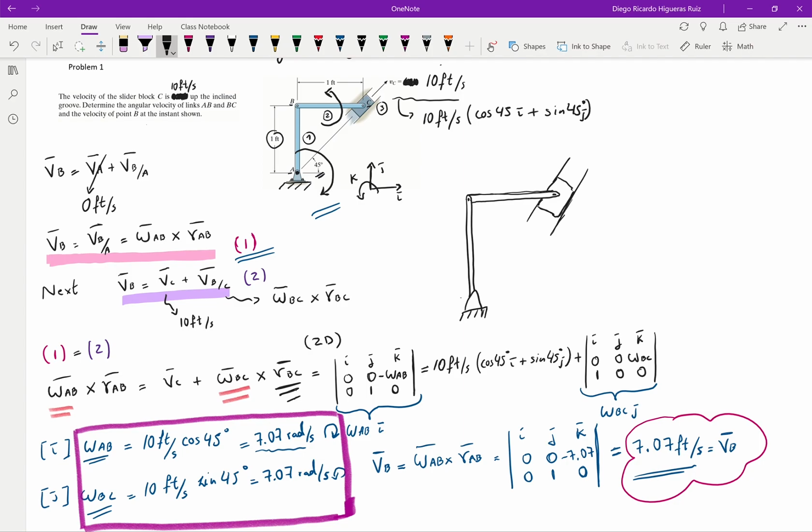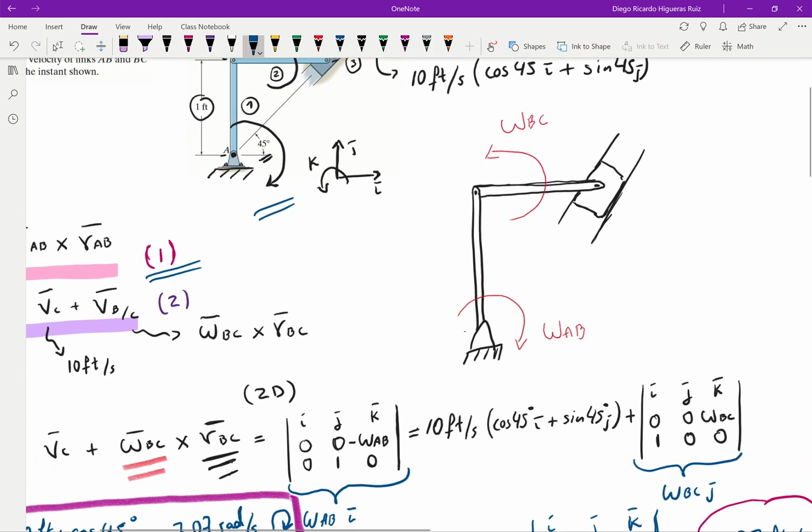My angular velocities omega AB and omega BC are in red right there. And if I want to analyze my velocity at point B, I'm gonna do that in blue. Let me say A, B, and C. My velocity right here is just like that.